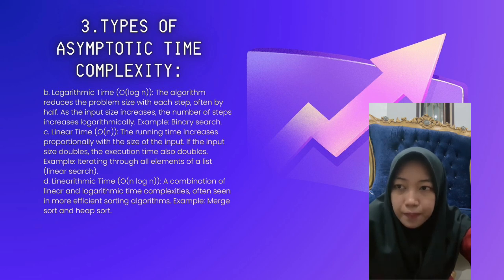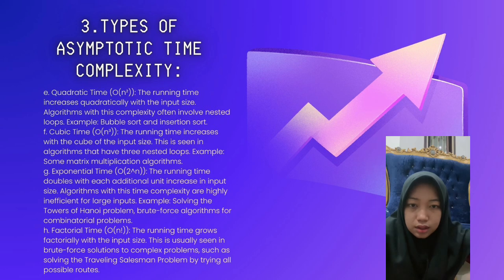Examples are merge sort and heap sort. Next, E. Quadratic time O(n²). The running time increases quadratically with the input size. Algorithms with this complexity often involve nested loops. Example: bubble sort and insertion sort.